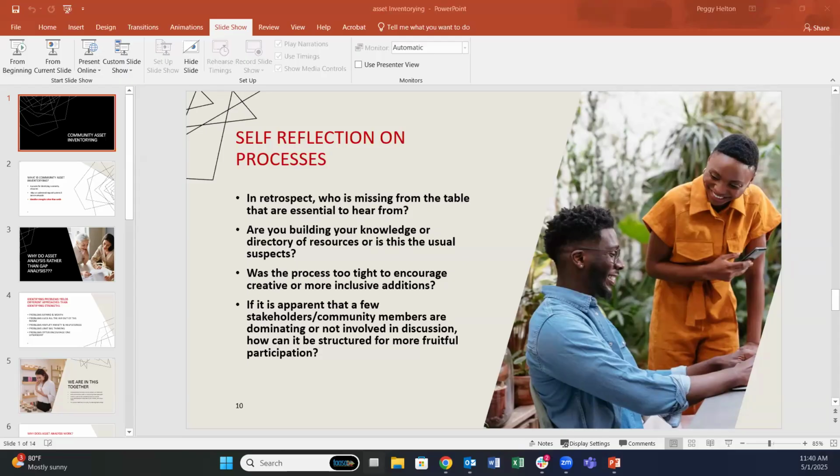One of the things you would look at in this self-reflection was: was this process too tight to encourage creative or more inclusive additions? Again, a lot of times the people we've initially invited to this, we've been doing the work a million years. We think we already know all the answers.